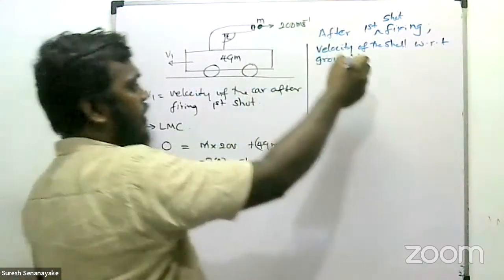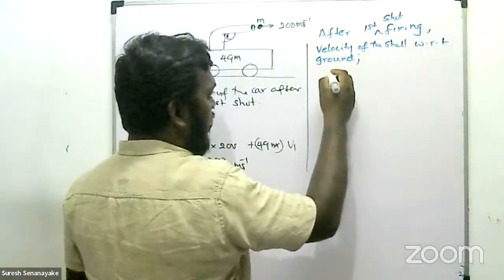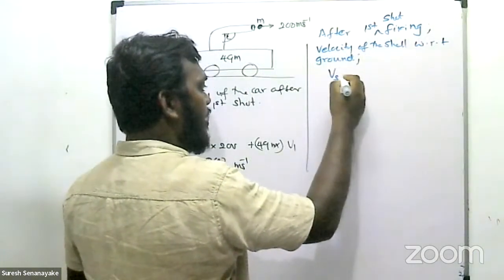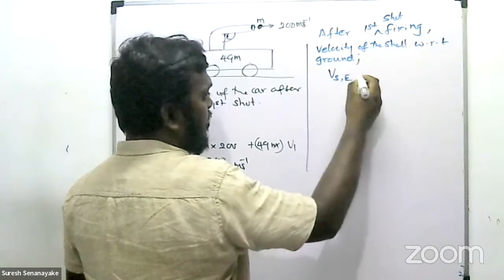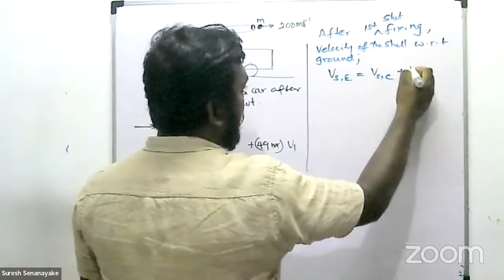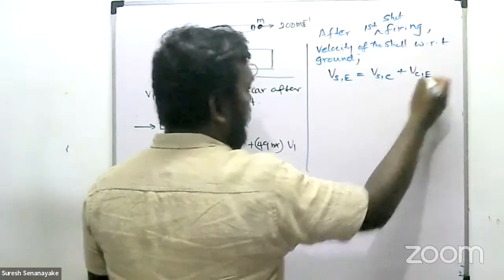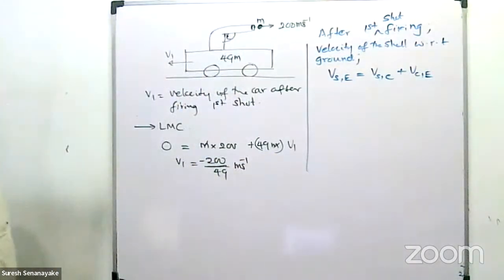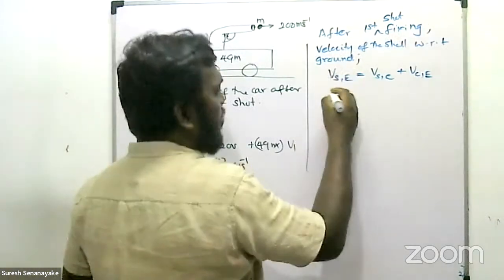You can write that the velocity of the shell with respect to the ground, the earth, is equal to the velocity of the shell with respect to the car plus the velocity of the car with respect to the ground. So this is given as 200.